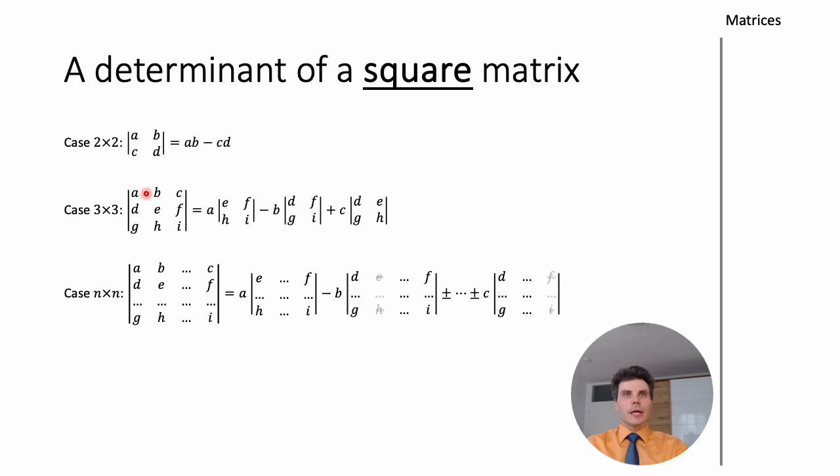We first highlight the number A here, and we pay attention to the submatrix that is located to the right and down from the number A. Then we highlight the number B, and we compose the matrix of the two adjacent rows and the two adjacent columns, and we exclude the elements of the same column to which the number B itself belongs.